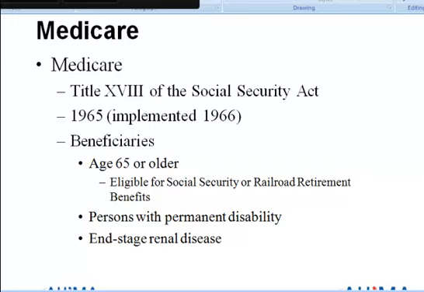In 2010, two major laws passed that really had a big impact on the Medicare system. The Patient Protection and Affordable Care Act was enacted on March 23, 2010, and the Healthcare Education Reconciliation Act of 2010 was passed on March 30th of 2010.